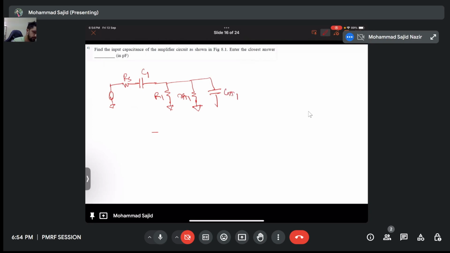C pi 1, this is C mu 1 here. So now you should be really able to draw the equivalent circuits. Almost in every session I solve the questions using the equivalent circuit, so it should be very easy now. I hope so.